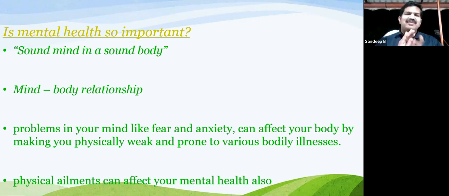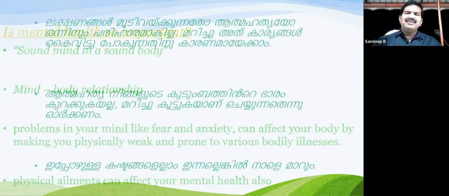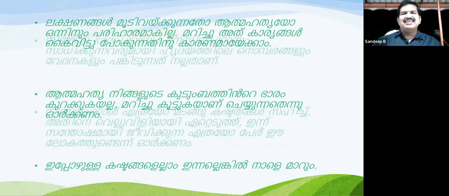Our mind and body are very much interrelated. So problems in your mind like fear and anxiety can affect you physically and make you physically weak, produce more stress hormones, and decrease immunity, and you will be prone to many bodily problems. And the converse also, even physical ailments can affect your mental health. So both ways there is a dual interaction.